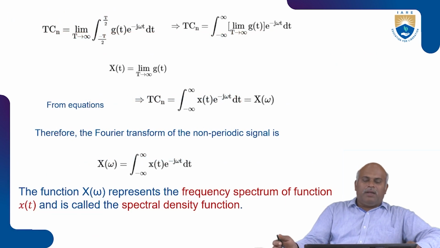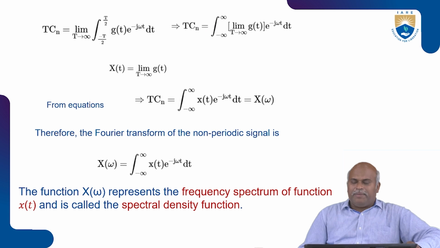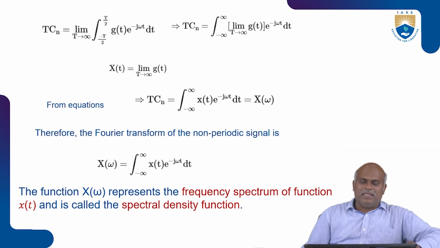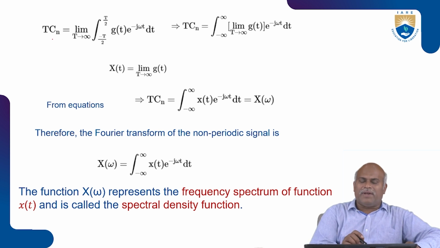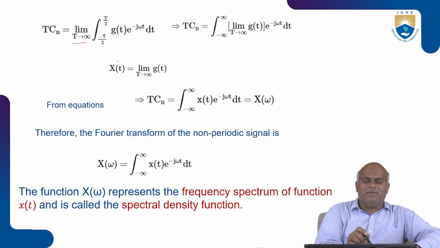Now, as per the statement of the condition, omega 0 is represented as 2 pi by T, and when T tends to infinity, that condition is 0. So based on that, we go for the Fourier series coefficient, that is T c of n, equal to limit T tends to infinity, integration from minus T by 2 to plus T by 2 of g of t e power minus j omega t dt.